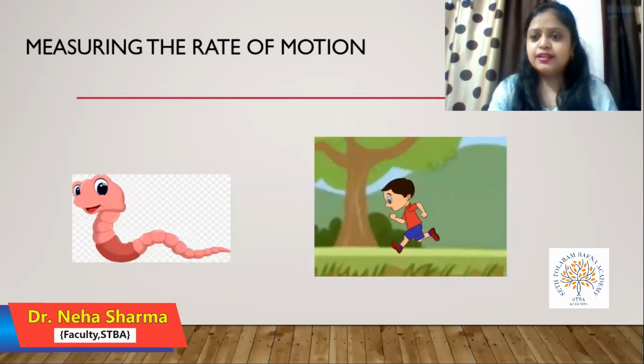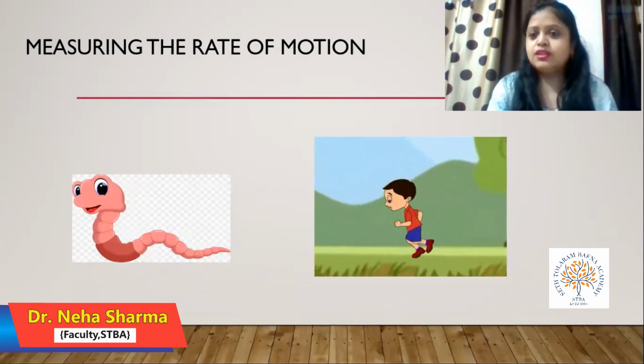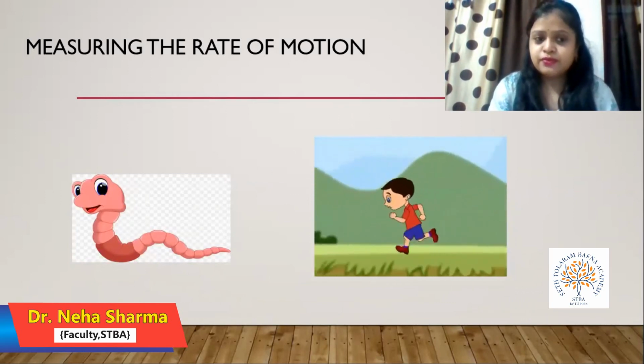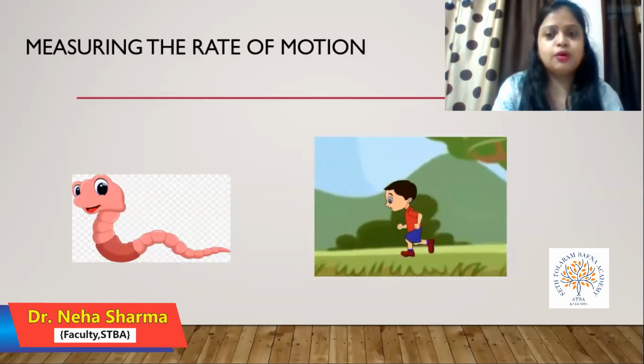Before starting, the topic is measuring the rate of motion. In this universe, every object or every person has their own rate of motion. Like this boy is moving with his own rate of motion, whereas the earthworm is moving with its own rate of motion.